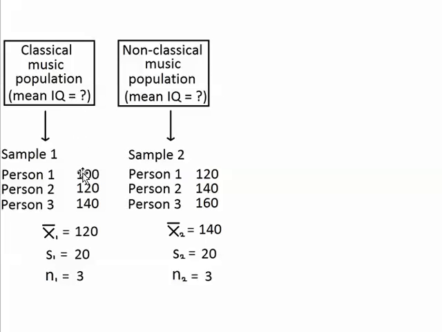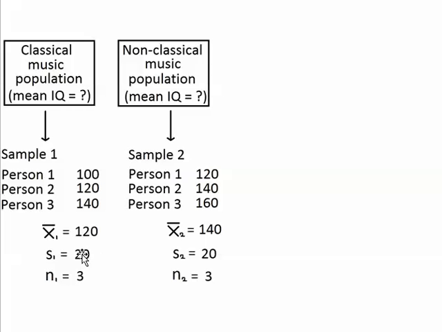I took my sample of 3 people from this population and my sample of 3 people from this population. I recorded these 3 IQs and these 3 IQs. I calculated the mean of sample 1 by adding these 3 and dividing by 3. I calculated the mean of sample 2 by adding these 3 and dividing by 3. I got my 2 sample means.